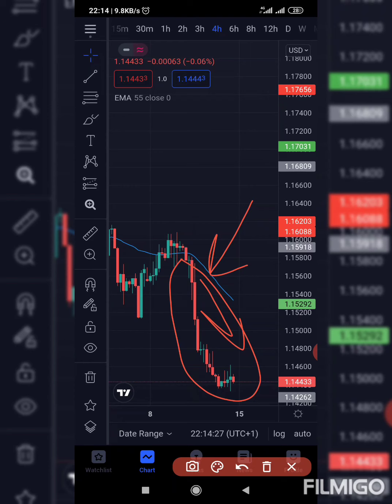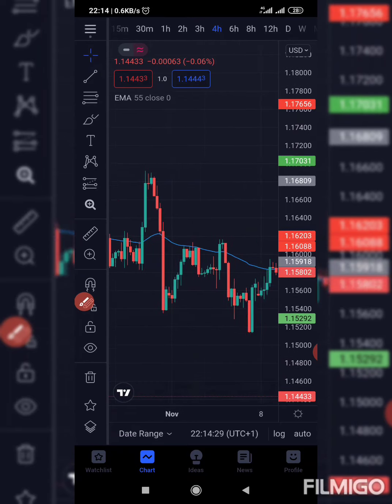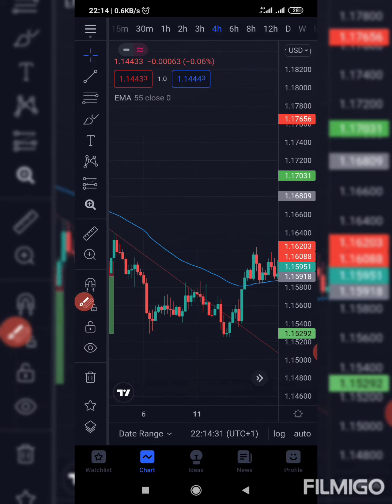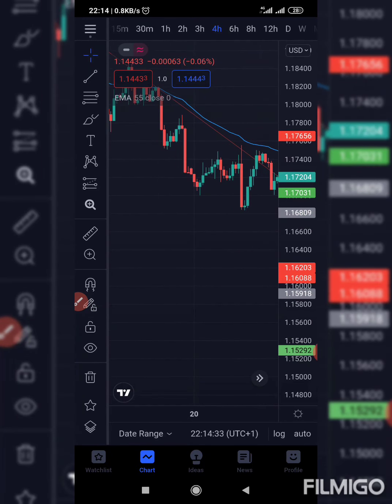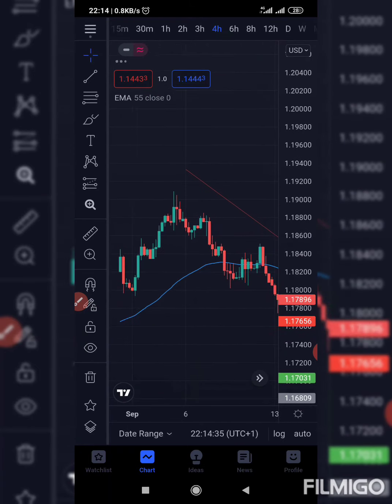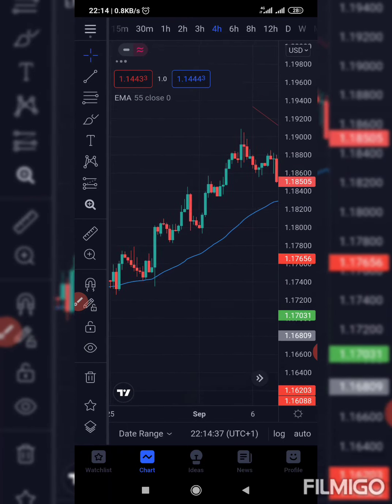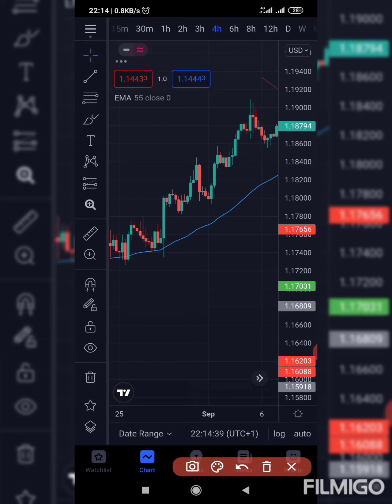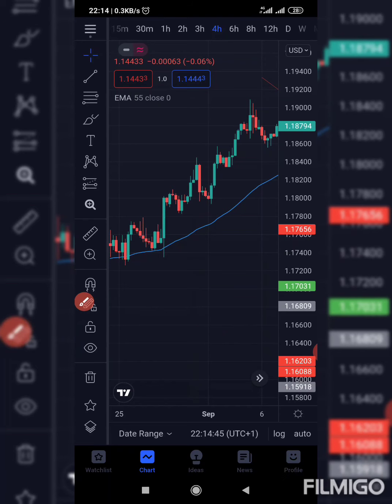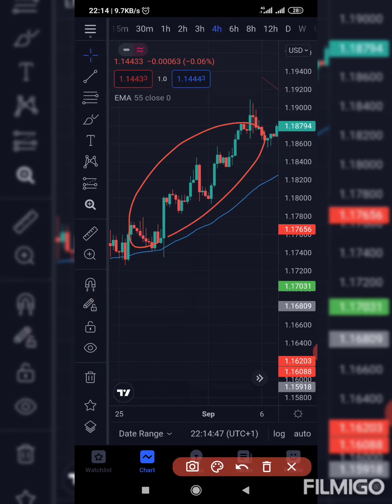Do you get it? And on the other hand, when you see the candlesticks above it like this, then you know that the trend is to the upside. Do you get it?